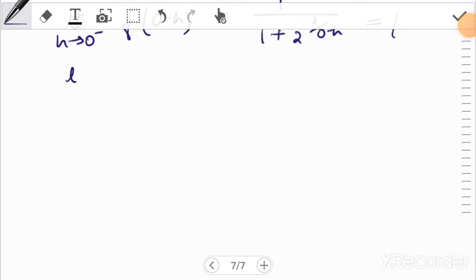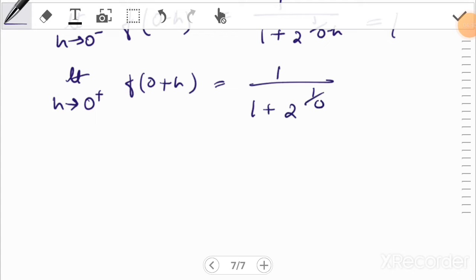And as h tends to 0 plus, the right hand limit, f of 0 plus h is equal to 1 by 1 plus 2 power 1 by 0 plus h. Where h is 0, 2 raised to the power infinity, so it is 1 by infinity, which is 0.